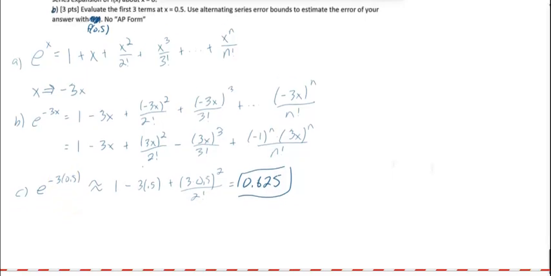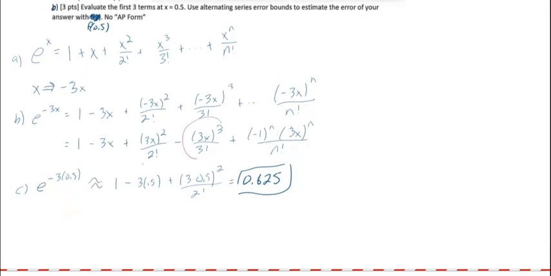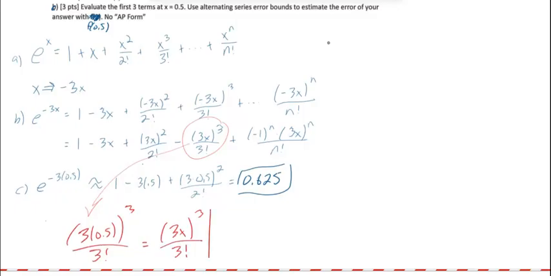So all I got to do is I'll circle this. We're going to bring this down here. I'm just going to write 3 times 0.5 cubed over 3 factorial. And then I'll go grab my calculator. Another way to write this would be to write the actual term, 3x cubed over 3 factorial, evaluated at x equals 0.5.